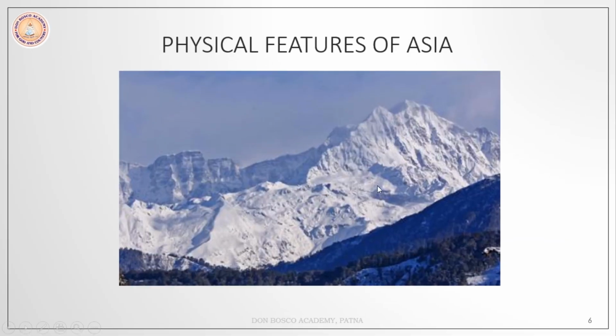The Himalayan mountain ranges are found in the northern areas, and most of them are snow-capped mountains with several glaciers, which are normally the sources of rivers which flow down this mountain.